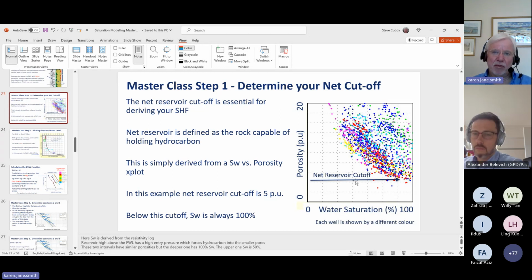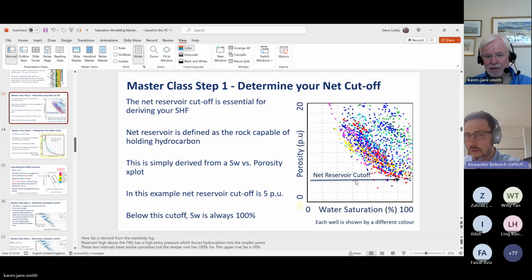For the purposes of deriving the function, we only want the very best data. So we're not bothered that near the free water level we have got some hydrocarbon. We want the very best, and then we plot the curves, we derive the function, and then the function is valid everywhere because it takes account of the varying net cutoff.